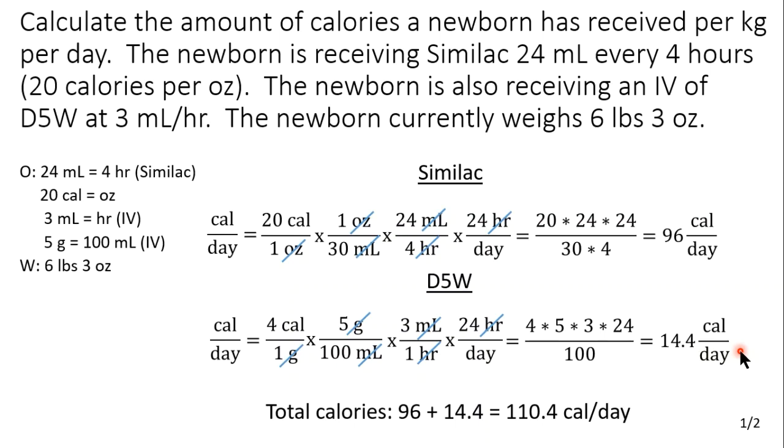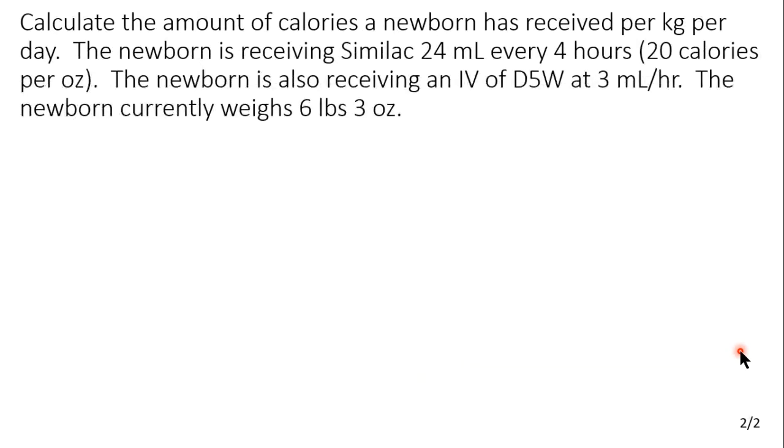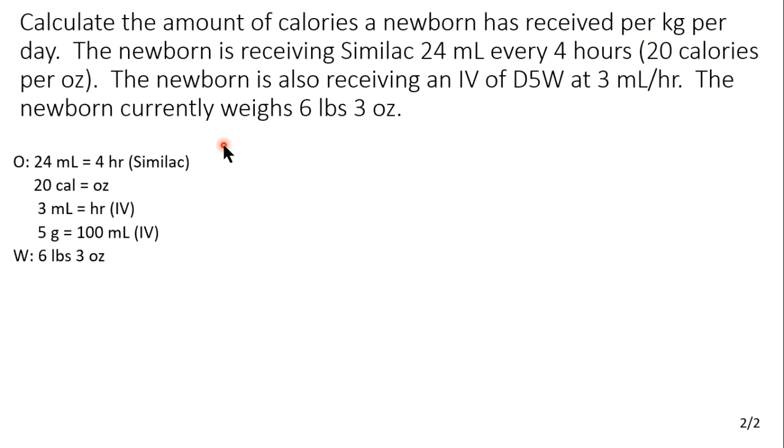Now, we have this value, but we're being asked to calculate the amount of calories per kilogram per day. So, first, as we did before, we have to convert the weight into only a single number. So we convert those 3 ounces into pounds.